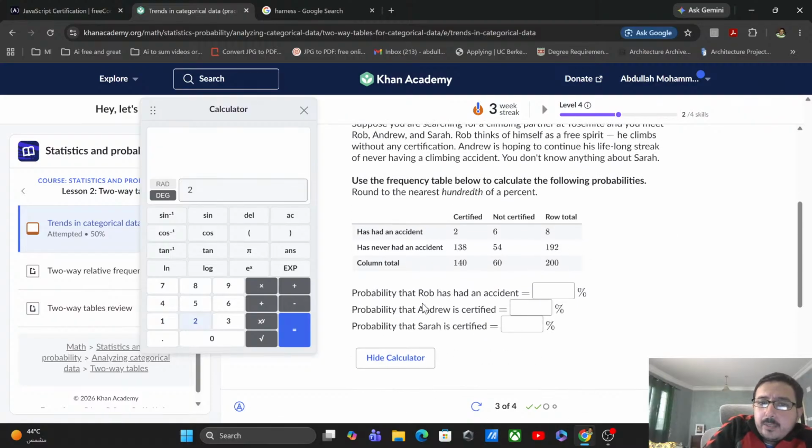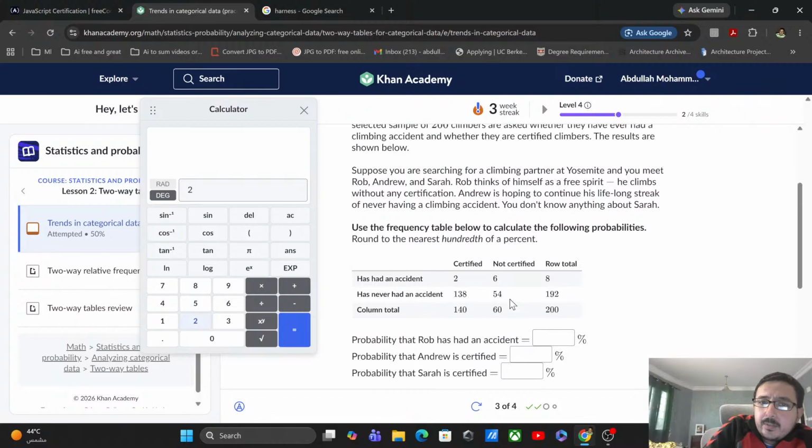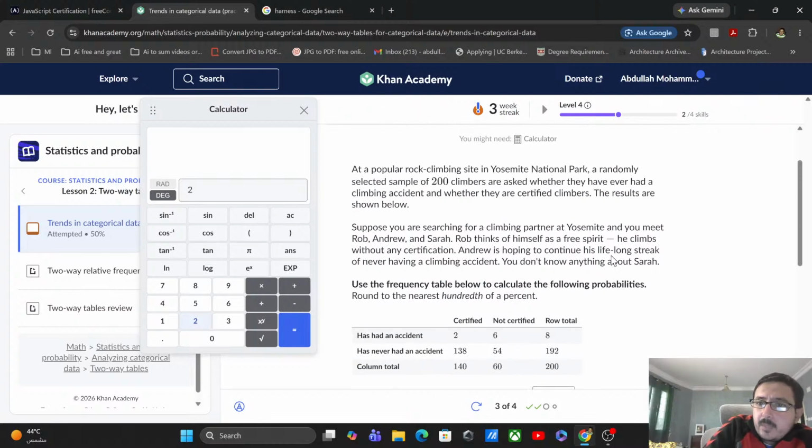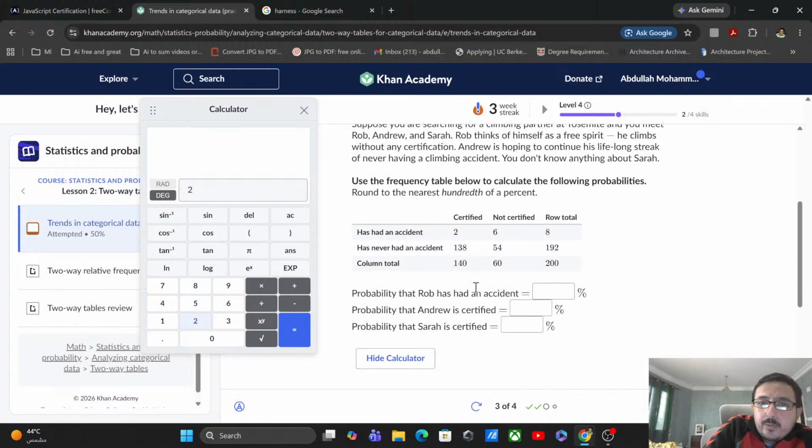So the probability that Rob has had an accident. What it says here. Andrew is hoping to continue his lifelong streak of never having a climbing accident. Rob climbs without any certification.